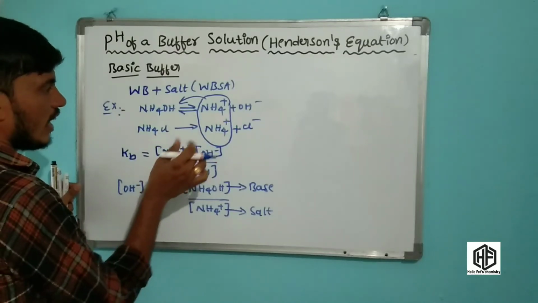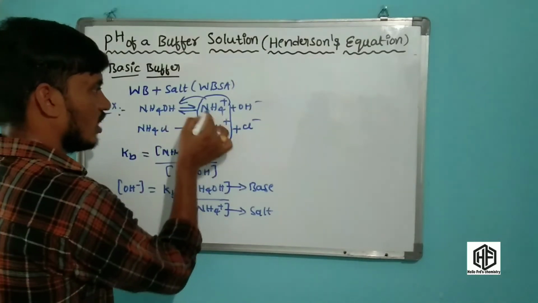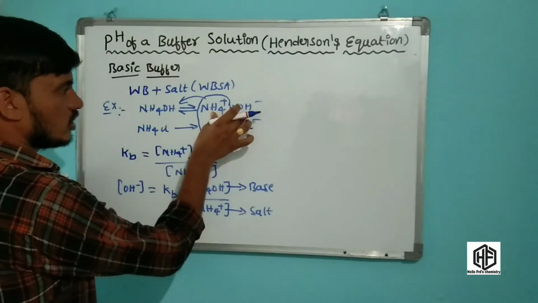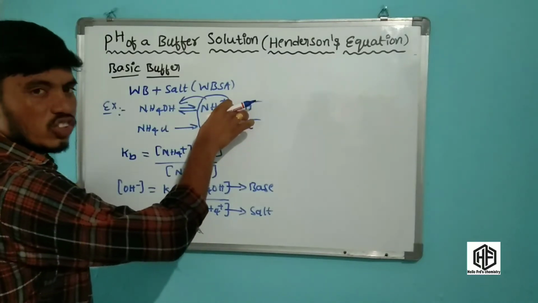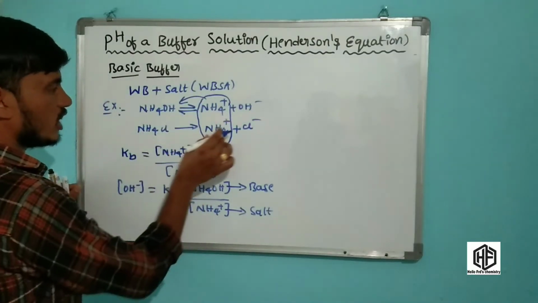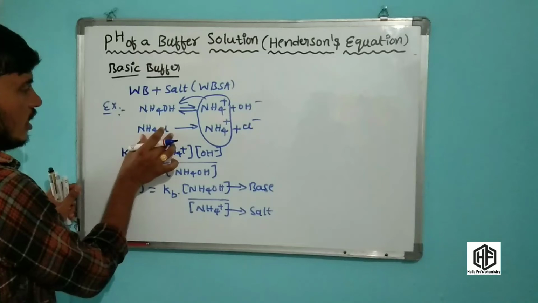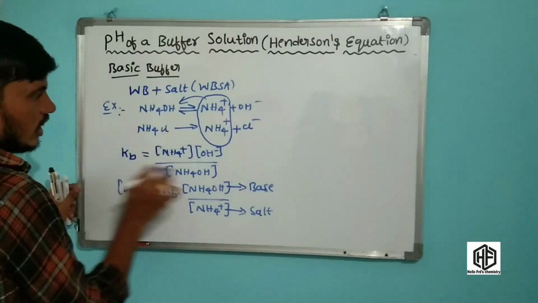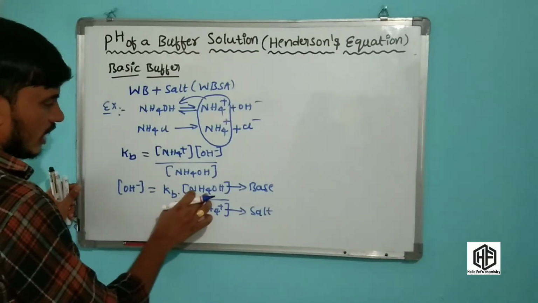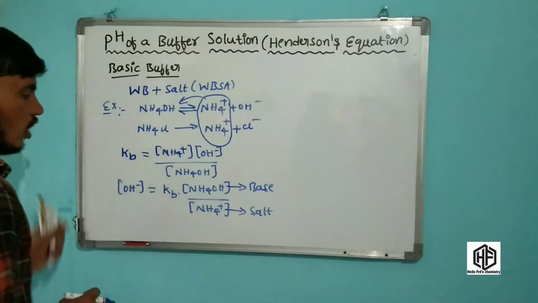Due to the common ion effect, the degree of dissociation of NH4OH is neglected. Most of the NH4 plus ions come from NH4Cl, so these NH4 plus ions are called the salt. Okay friends, NH4OH is the base and NH4 plus is the salt.